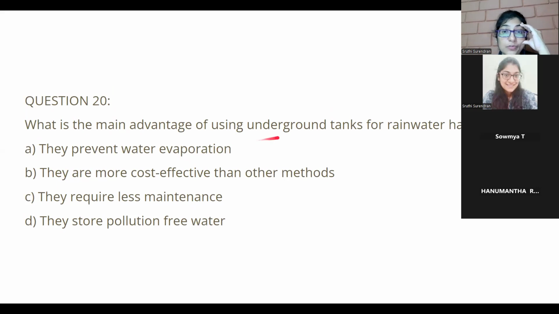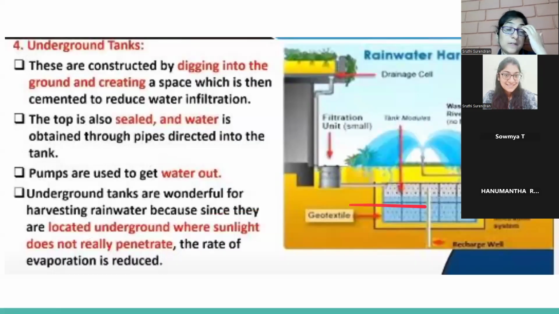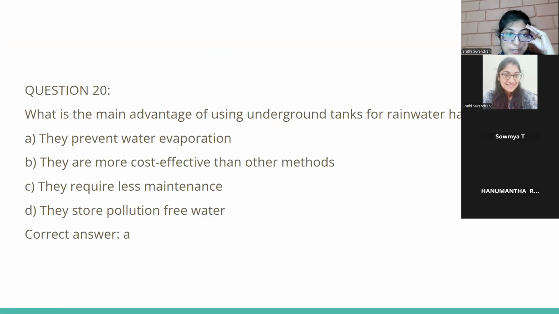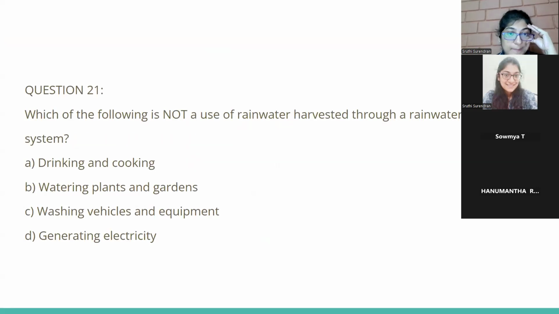The main advantage of using an underground tank is they prevent water evaporation because it is often deep under or covered. So this is also helping, the penetration of sunlight is reduced, so evaporation is also less. So the correct answer is option A.